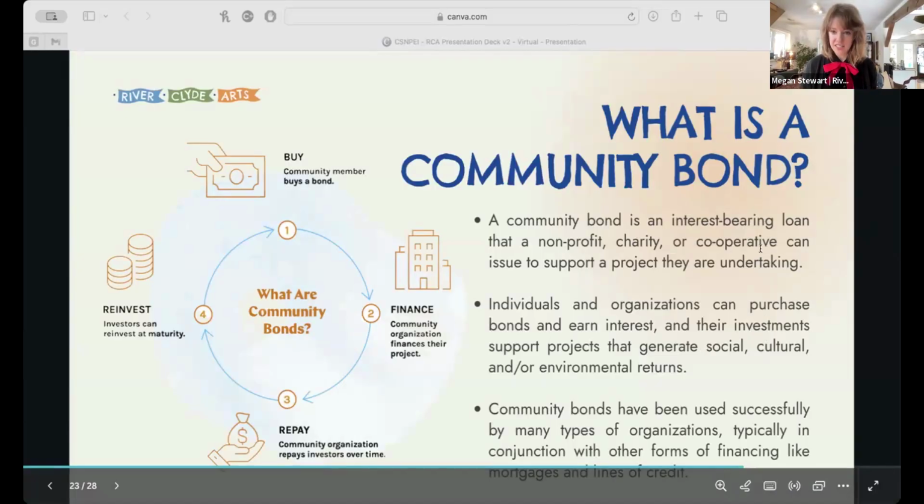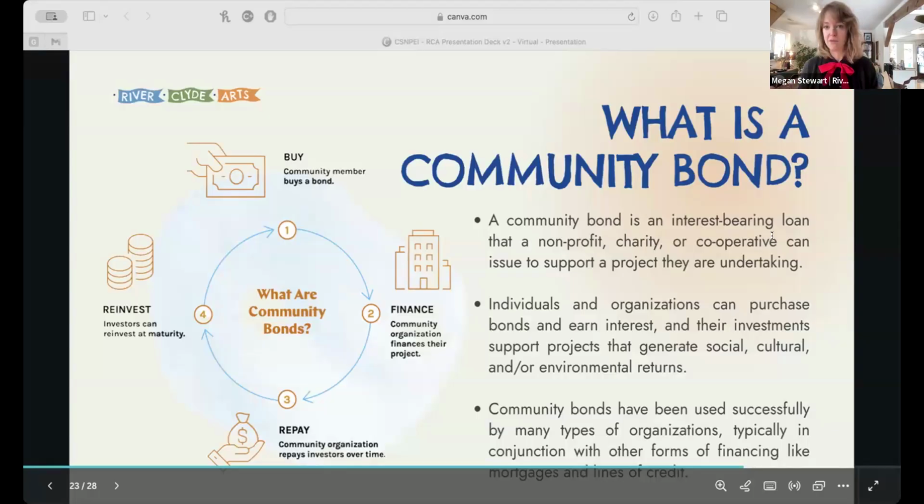So the money that is invested in bonds stays within the community. It enables the organization to access the capital that they need to finance a major project like a property purchase. Once that project is underway and is generating revenue, the organization can repay their investors at the bond maturity date, or they can offer their investors the chance to reinvest during the bond renewal campaign.